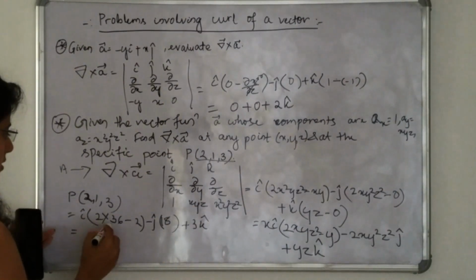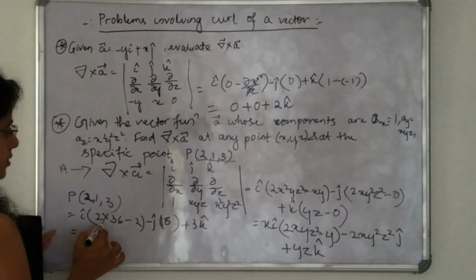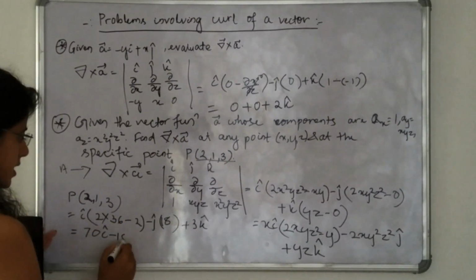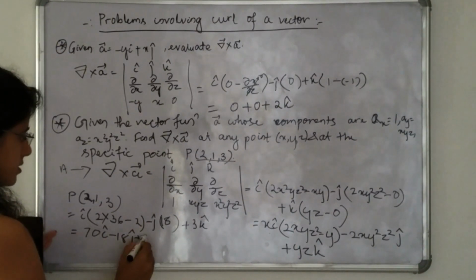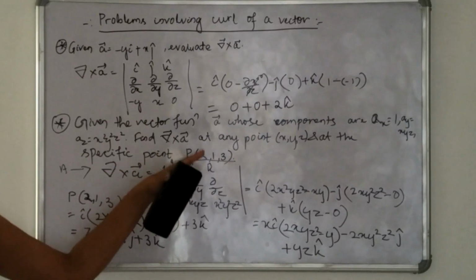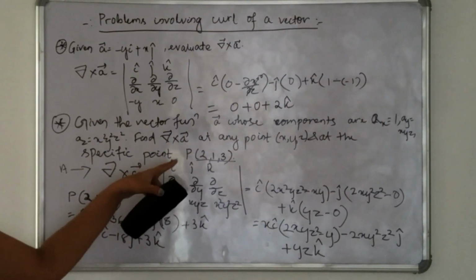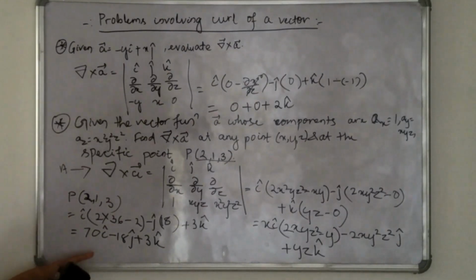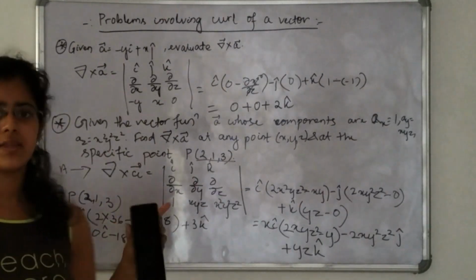So curl of A at the specific point P, that is 2, 1, 3, is 70 i cap minus 18 j cap plus 3 k cap.